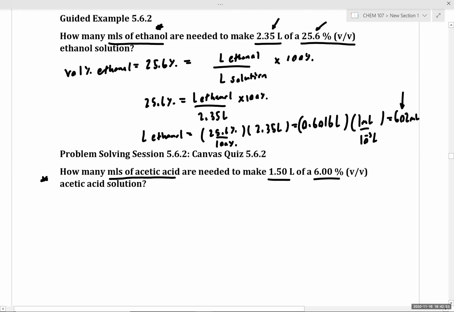And don't be shy to share your responses in the chat or verbally. And we'll discuss in about another 1.5 to 2 minutes.